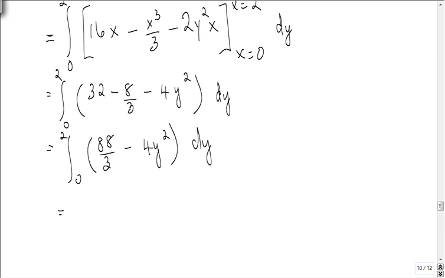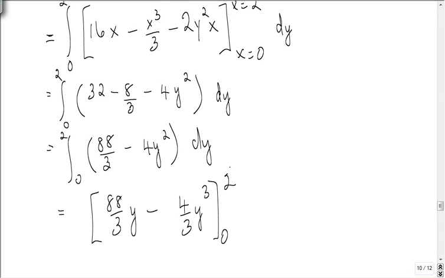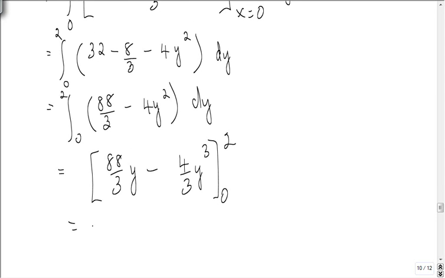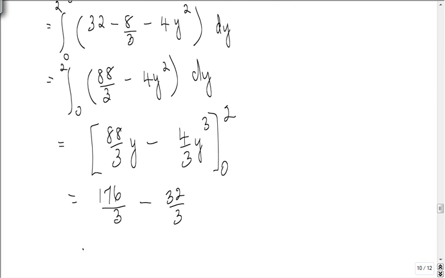Let's integrate. What is the integral here, anybody? Next one, 4/3 y cubed from 0 to 2, which is 176 over 3 minus 32 over 3, which equals 48.